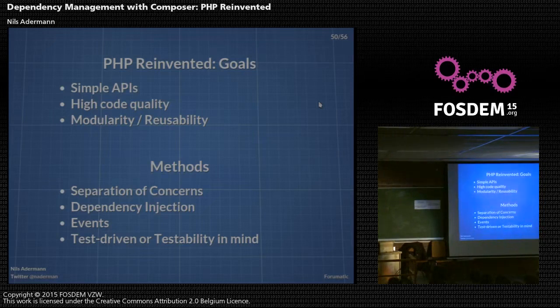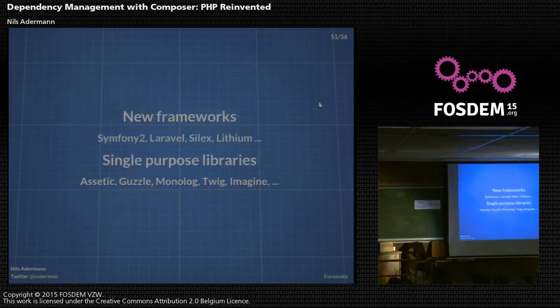And we have these software engineering processes or methods on one side, and we have Composer on the other side as a tool that allows you to now actually package up these individual components so that you no longer have to do this as part of one massive code base, but you can do it as individual packages. And the result of this is a series of new frameworks. Symfony 2 was at the very beginning of this process. Things like Laravel, Silex. Something like Silex wasn't previously easily possible with PHP. It simply makes use of a number of components of one of the existing frameworks to build a new framework.